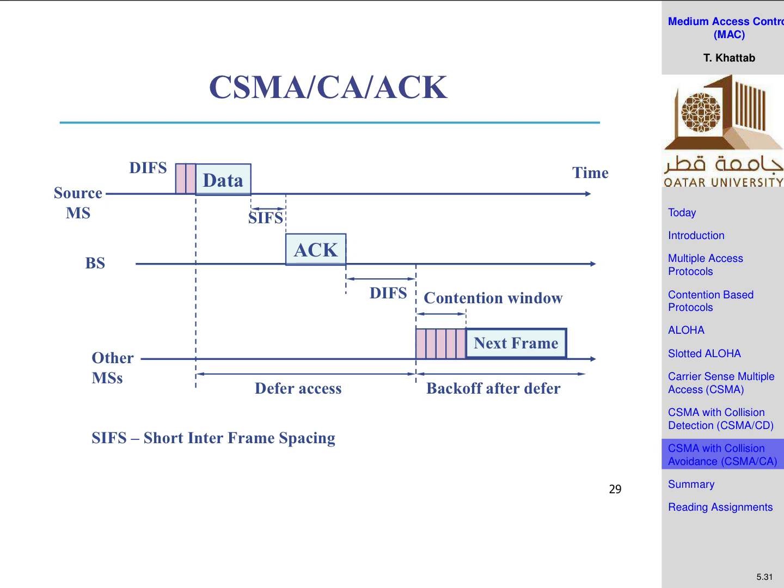So whenever a node has an acknowledgement to send, that node, like the base station here, for example, is going to take the medium faster than anyone else waiting, because all the others will have to wait for a longer duration. By the time they can actually contend for the medium, the acknowledgement has already captured the medium because it has to wait for a shorter duration, SIFS.